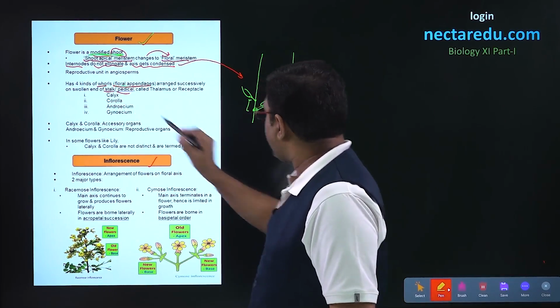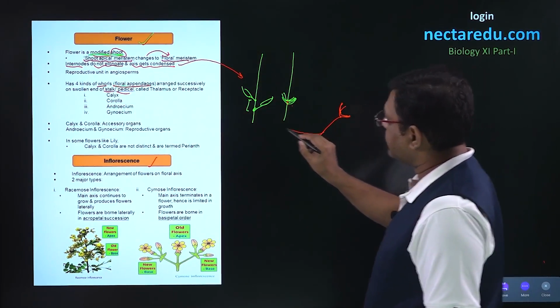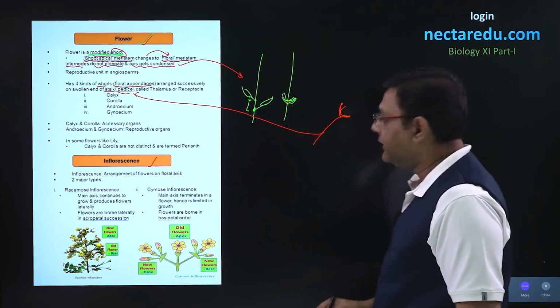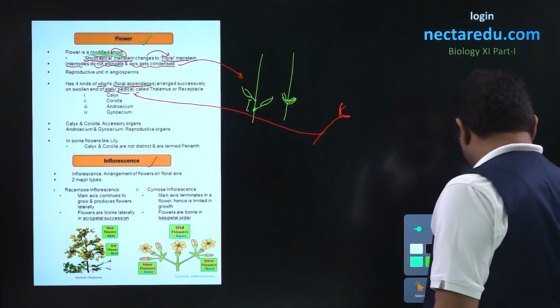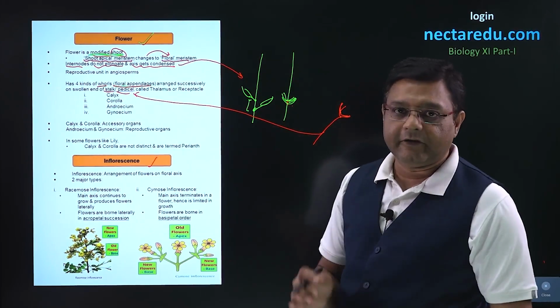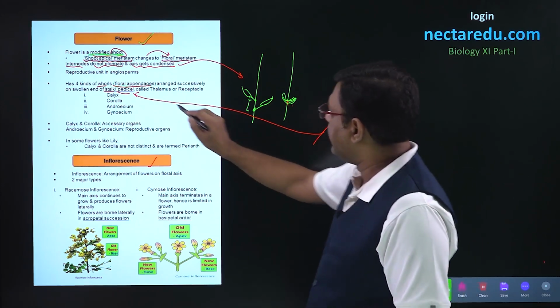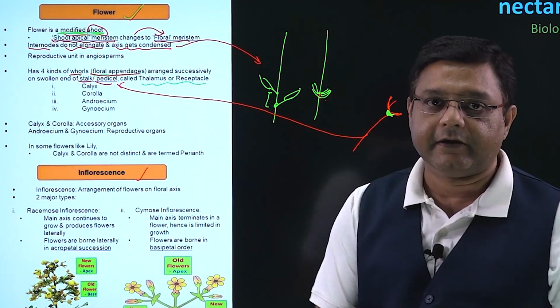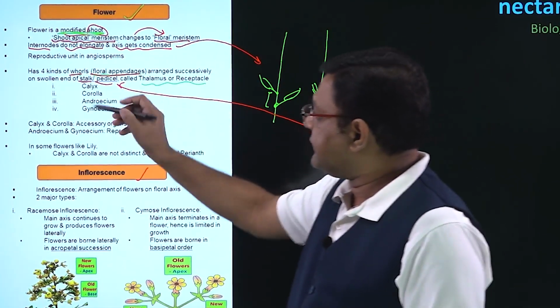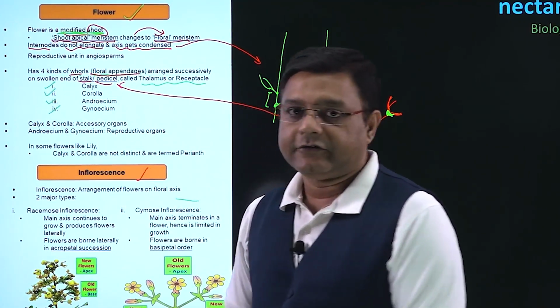This is the part which will hold this particular flower, so it is called stalk or pedicel. When the flower forms, the end of the stalk or pedicel will be swollen, and the swollen portion is called thalamus or receptacle. The 4 whorls which are present are calyx, corolla, androecium and gynoecium.